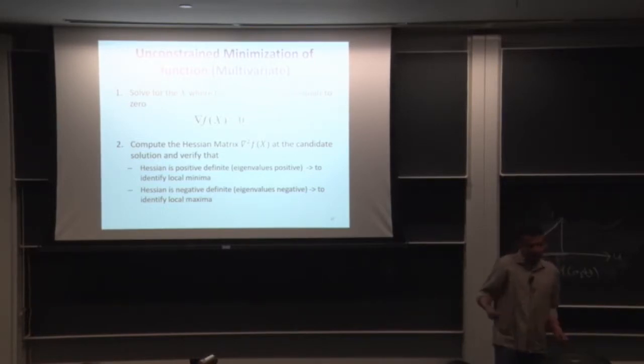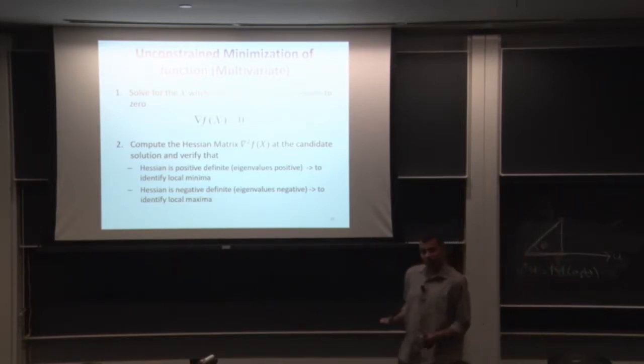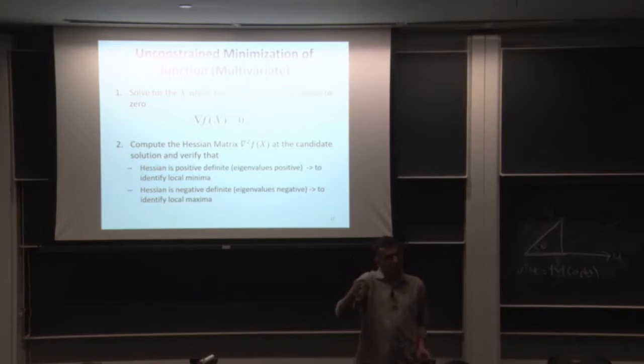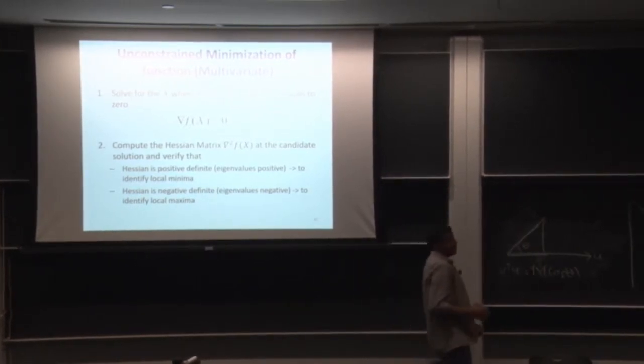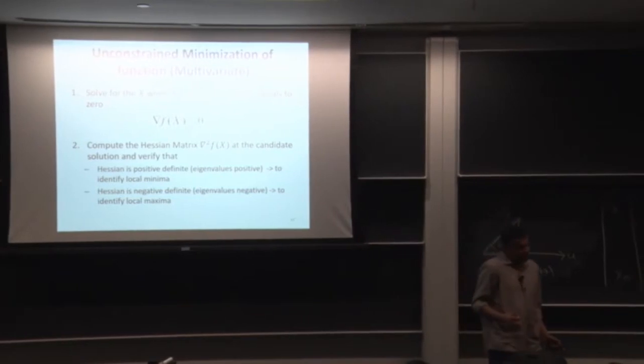And at intermediate values, if it's 0, those are inflection points. Now, if you want a distinct minimum, this means that every single eigenvalue of the Hessian must be positive. If you want a distinct maximum, every single eigenvalue of the Hessian must be negative.